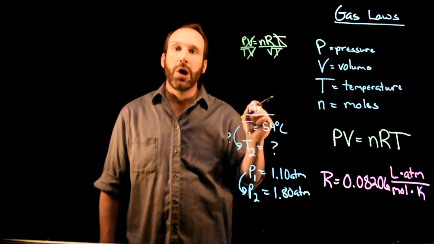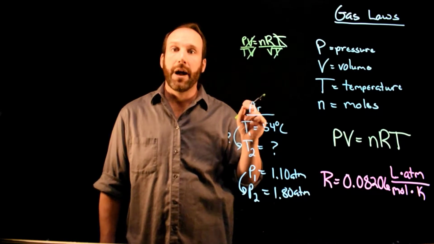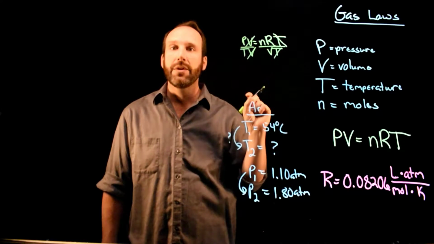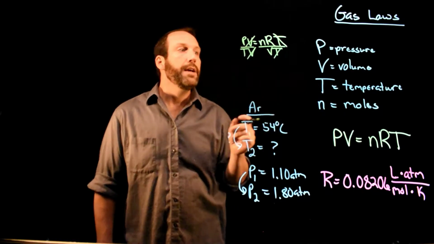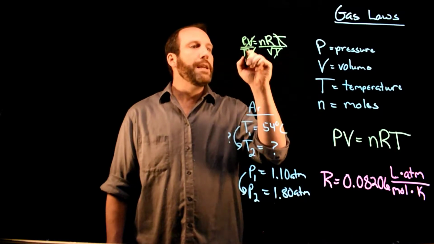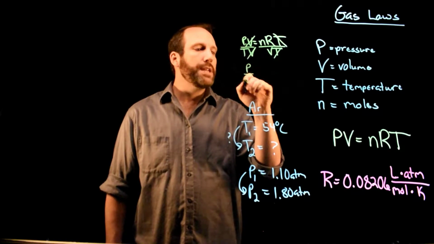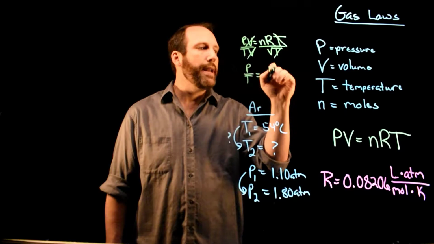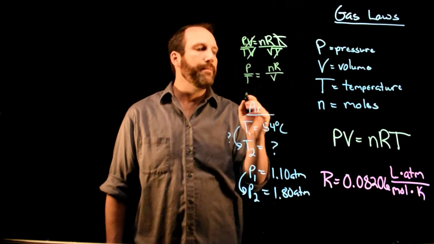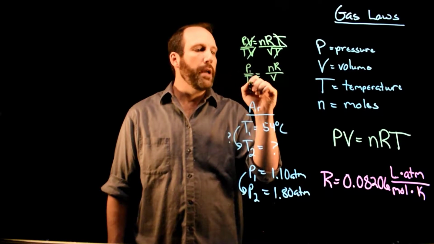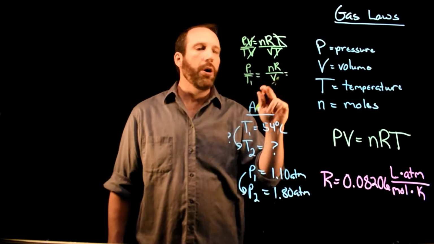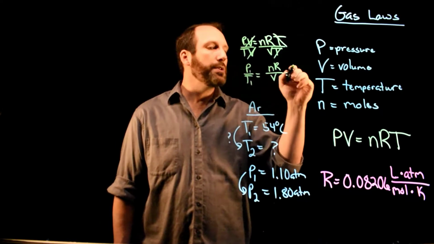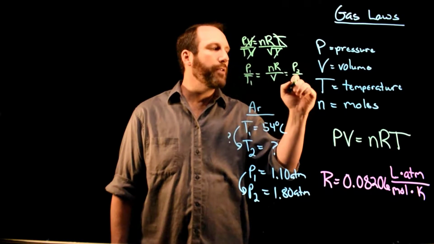All the things that we know in this problem are staying constant, right? We're told that N and V are staying constant, and we know that R is always constant. So we have P over T is equal to NR over V. If we say that P1 over T1 is equal to NR over V, that is also equal to P2 over T2.